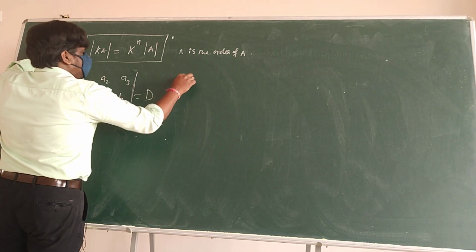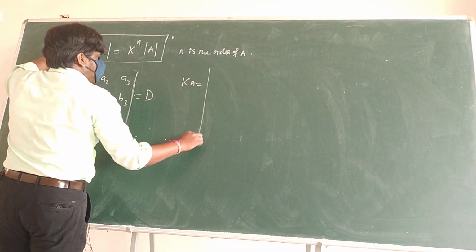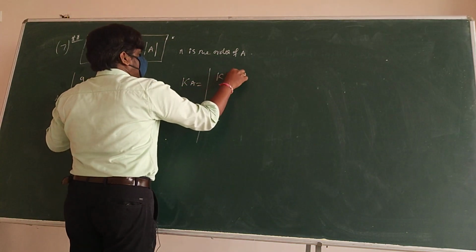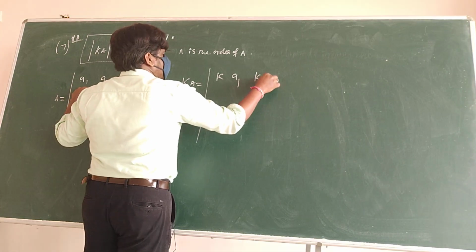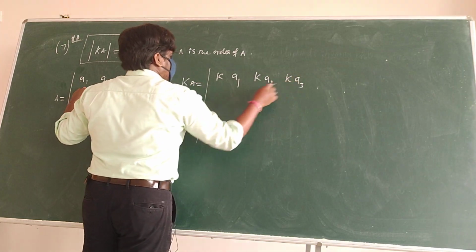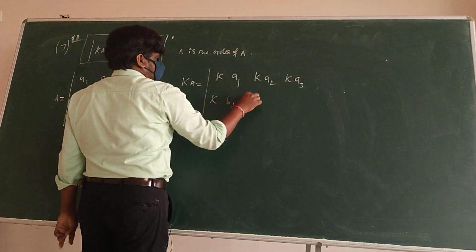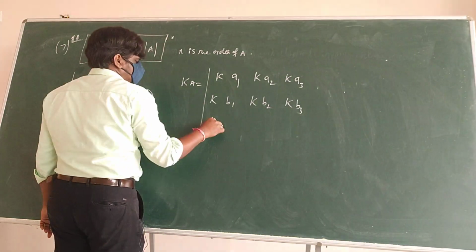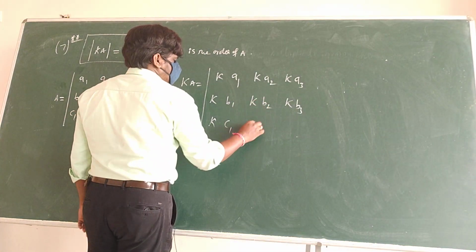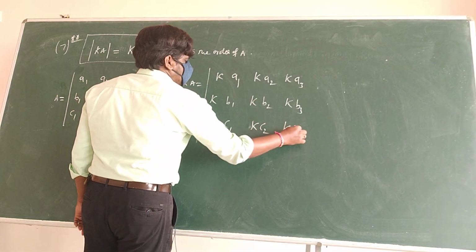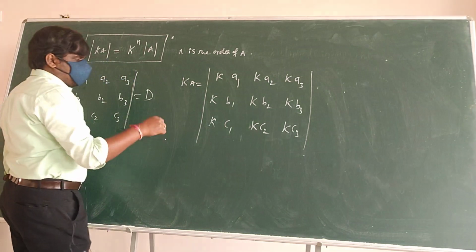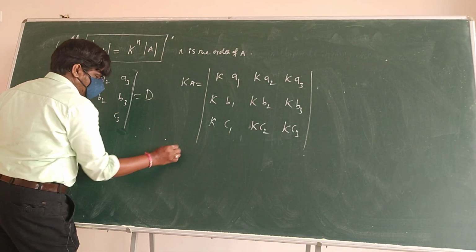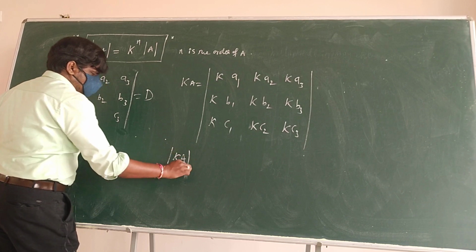Now kA means what? If I multiply each term by k, like here kA1, kA2, kA3, kB1, kB2, kB3, kC1, kC2, kC3, the determinant of this will be the determinant of the kA matrix.